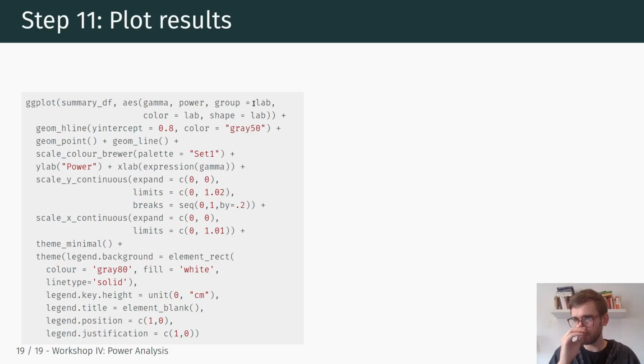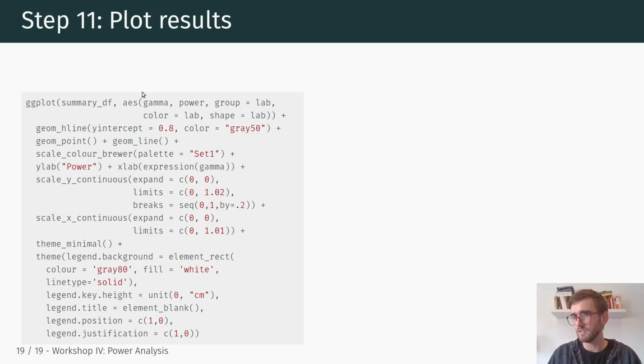We're grouping this by the label variable and assigning different colors and different shapes for the label. And then there's a bunch of other additional commands to make the plot a little bit more pretty. We talked about visualization before, so I'm not going to go through them step by step.